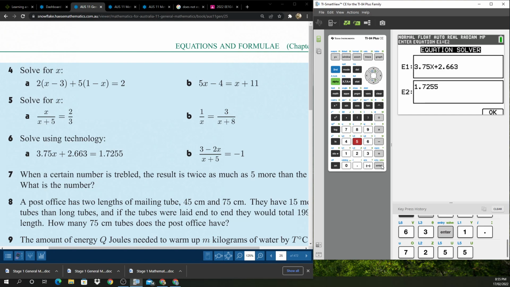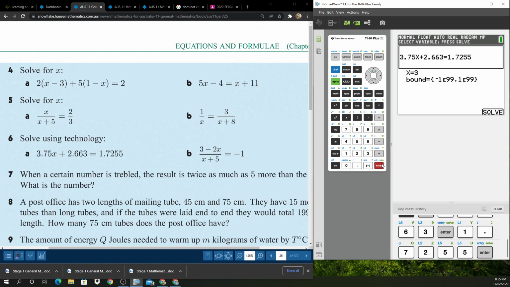Okay. Then you've got to press solve. Now, on your calculator, the solve falls right above the graph button. So the solve button is the graph button. We press that, and that's a solution.